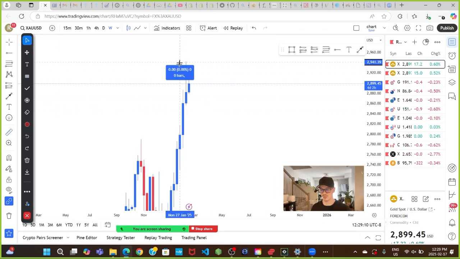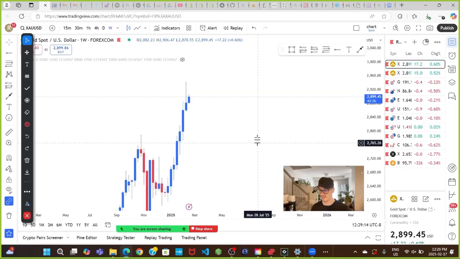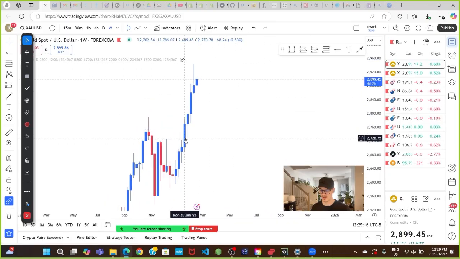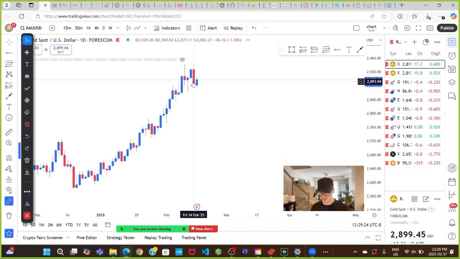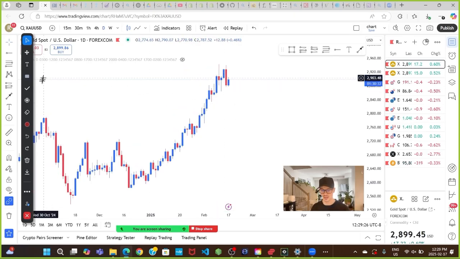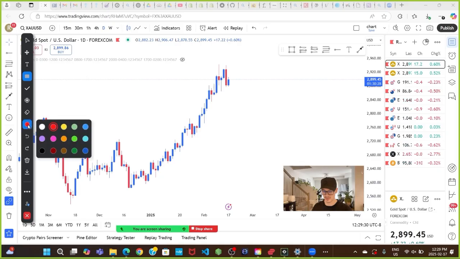So there's a lot more rejection later in the week than there was a bullish movement. Something like this looks like a strong bullish candle. We expect a continuation, and you get one. Something like this candle here could look like a pretty good rejection. And let's draw some candles.